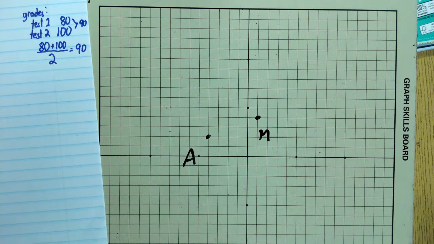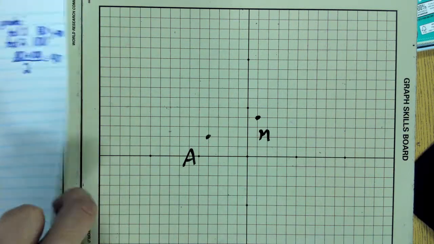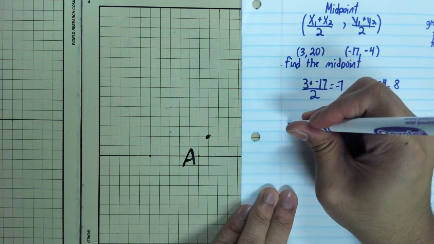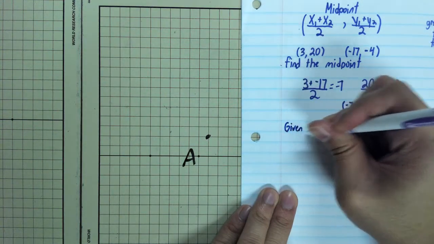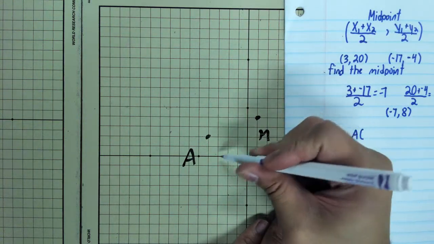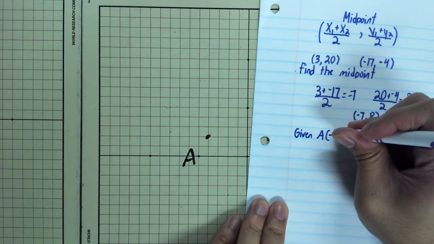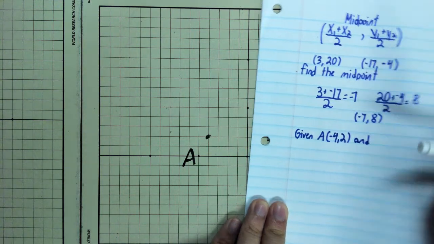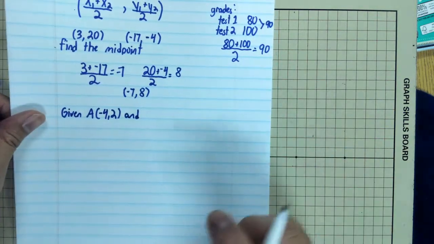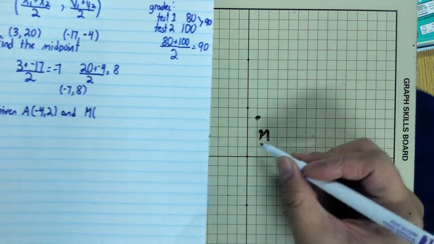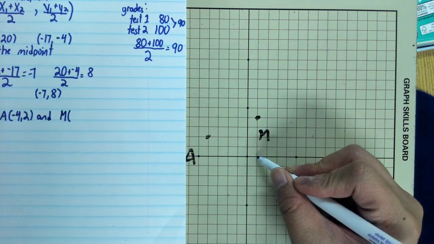So what you may see is, given that A is at point -4, 2, and your midpoint is at 1, 4.